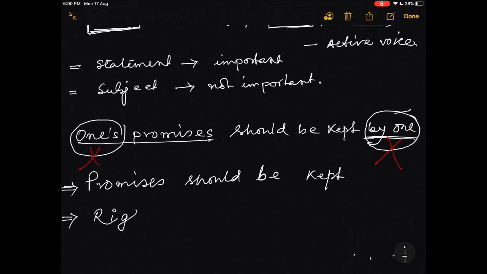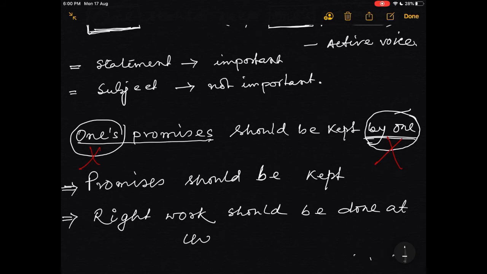Right work should be done at the right time.